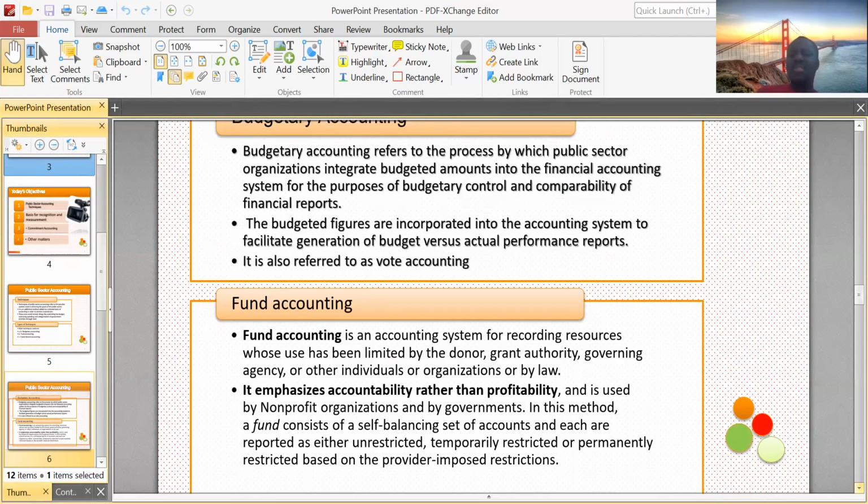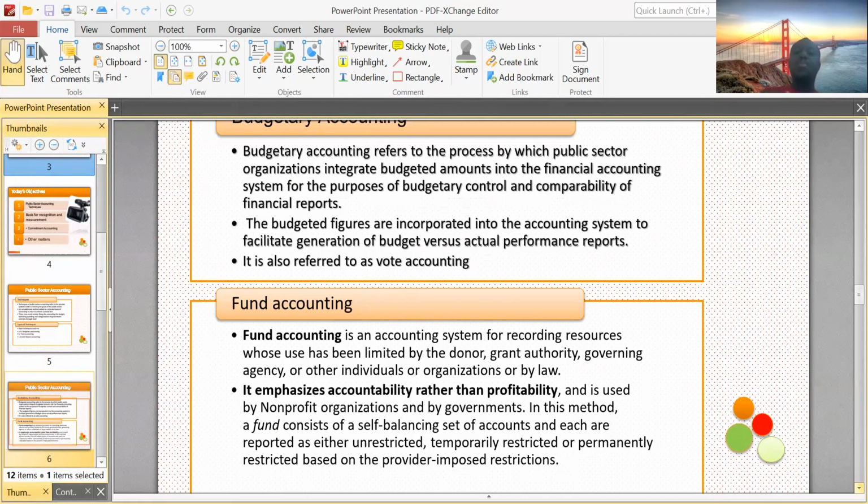It's basically an accounting system for recording resources whose use has been limited by the donor, grant authority, governing agency, or other individuals or organizations, or by law. For public sector organizations, donors, grant authorities and governing agencies will all give them money.